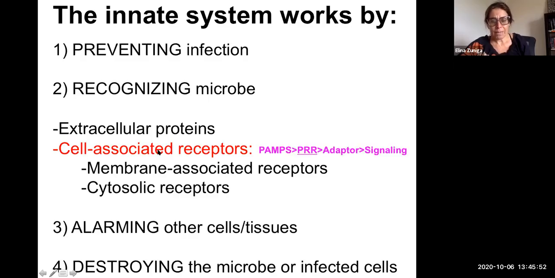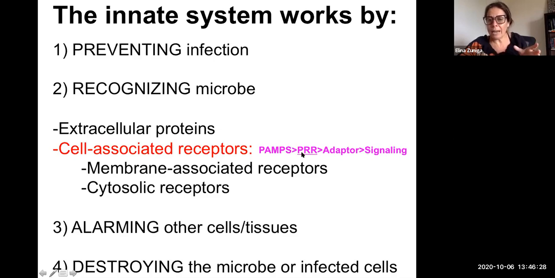What you want to remember is that these cell-associated receptors are also called pathogen recognition receptors, or PRR, and they bind patterns in the pathogens that are present in a group of pathogens and can be distinguished from self proteins or factors.